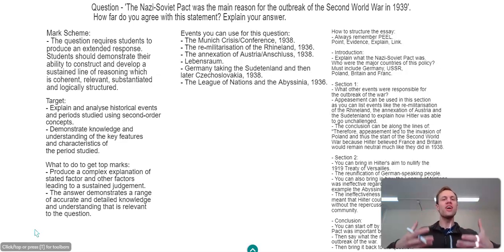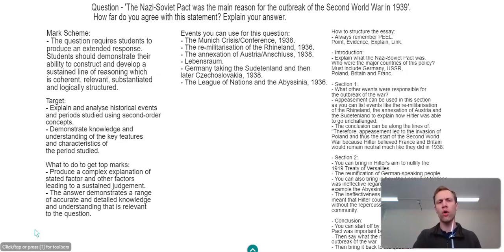So, what events can you use for this question? Well, obviously you can use the Nazi-Soviet pact of 1939, but you can also use these events as well. The Munich Crisis/Conference of 1938, the remilitarization of the Rhineland of 1936, the annexation of Austria of 1938.